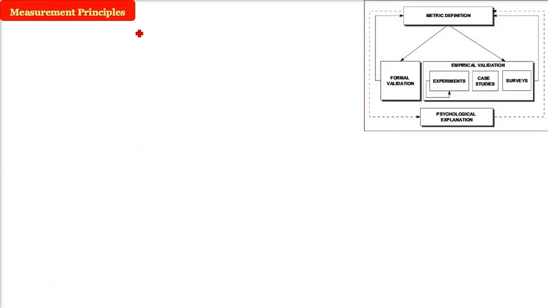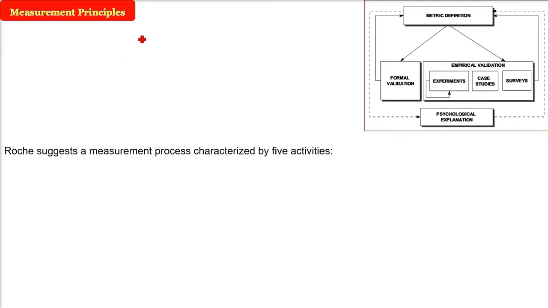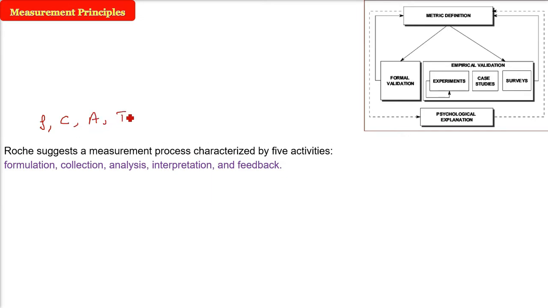Measurement principles. Now Roche suggested a measurement process is characterized by certain activities, namely 5 activities. So in order to do a proper measurement process, first formulation has to be done, then collection, then the analysis, then the interpretation, and finally the feedback. So these are the activities involved for a proper measurement process.